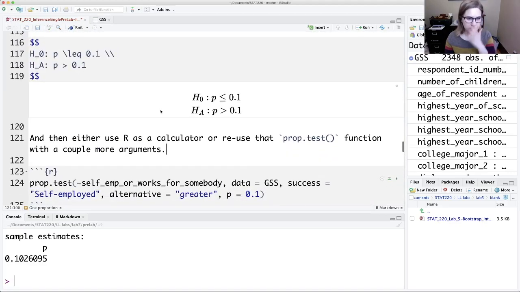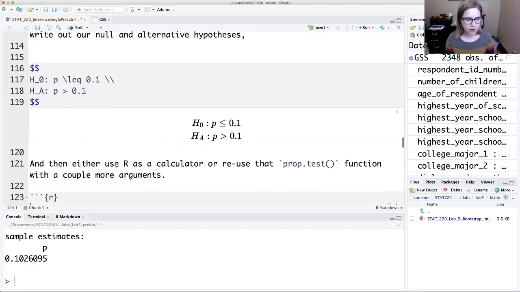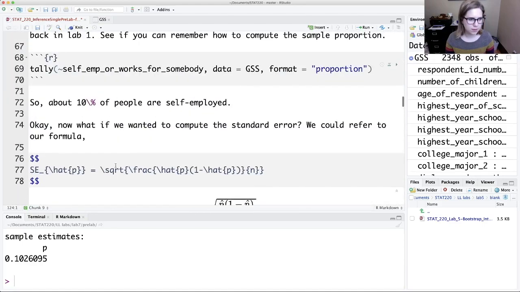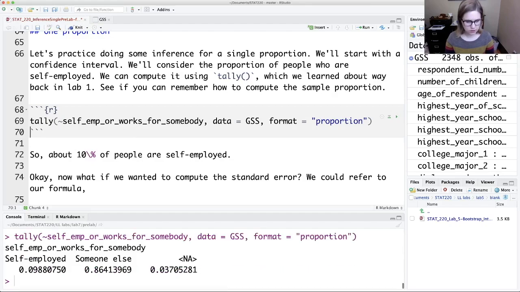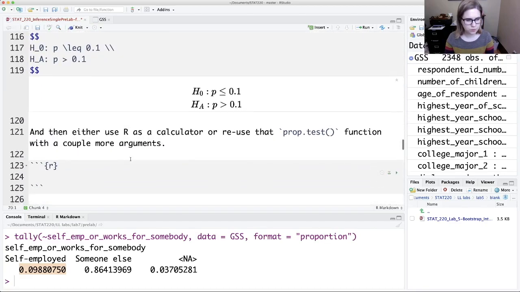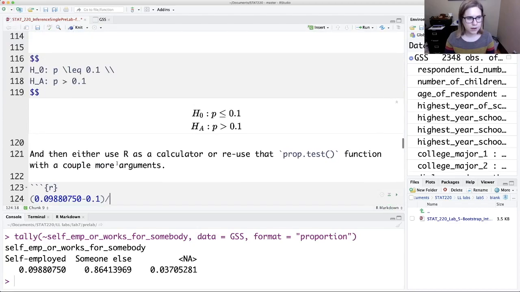So again, we can either use R as a calculator, or we could reuse that prop.test function with a couple more arguments. I'm going to stick in a chunk, and I'm going to do that point estimate. So let's go find it. It was up here. And I'm going to use the full decimal so that I have something a little bit clearer. So I've got my point estimate minus my null value, and then I'm going to divide by my standard error.